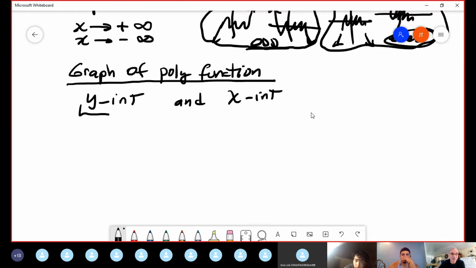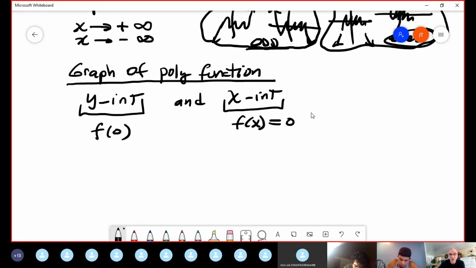What is the formula for finding the y-intercept? It is the function evaluated at 0. And the formula for finding the x-intercept? It is the function equal to 0, and the real solutions of this equation represent the x-intercepts.